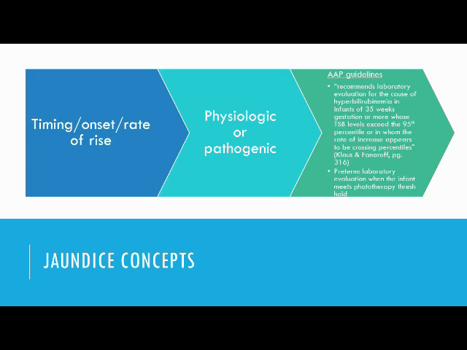So it's almost like battling two conditions at the same time. Usually babies that have just physiologic jaundice, even if their bili is fairly high, even if they require phototherapy as treatment, are not going to be anemic.